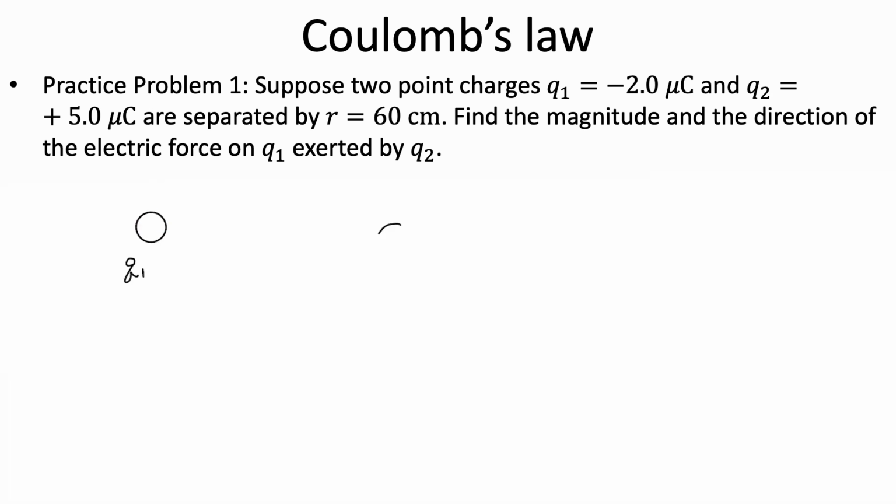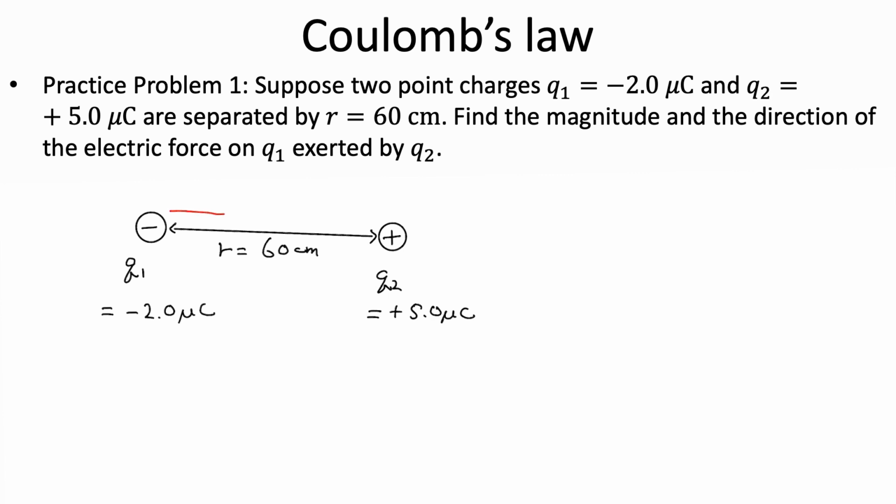Here's Q1 and here's Q2, and they are separated by 60 centimeters. Let's think about the direction first. Because their charges have opposite signs, the force must be attractive, and the force on Q1 points toward Q2.